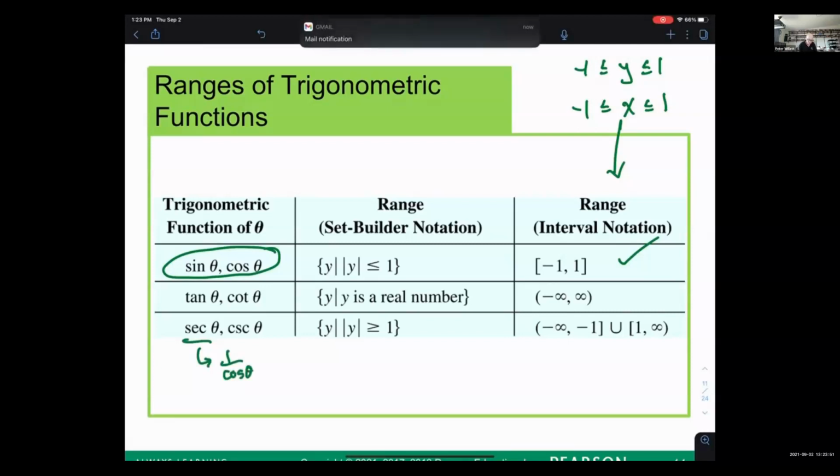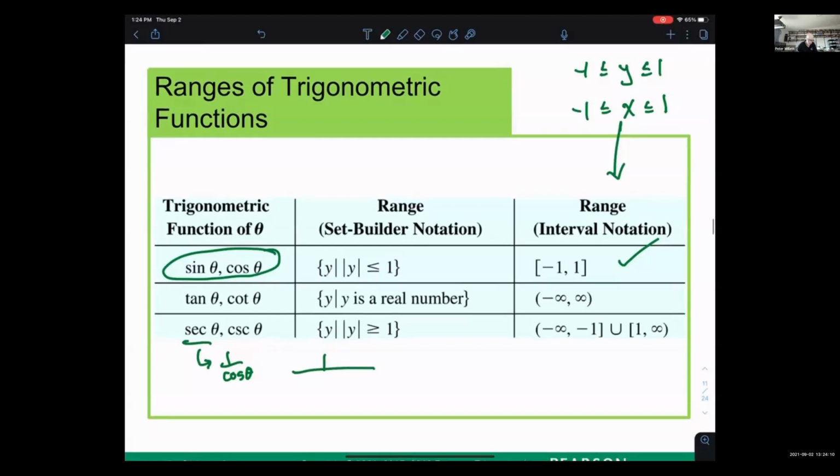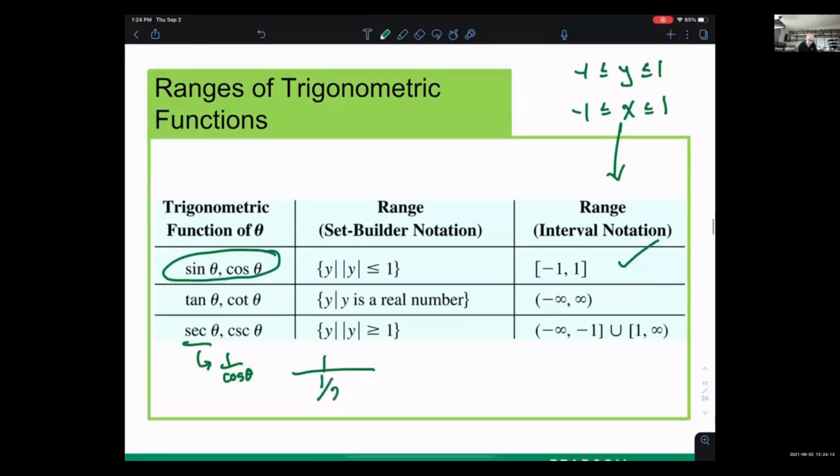Well, if I have 1 over a number and the number is always between -1 and 1, then I can't have a half, I can't have a 2 on the bottom, I can't have a fifth. The number on the bottom has to be a small number that's less than 1. So instead I get things like 1 over a half. And if you have 1 over a little fraction like that, it gets flipped and it becomes a bigger number.